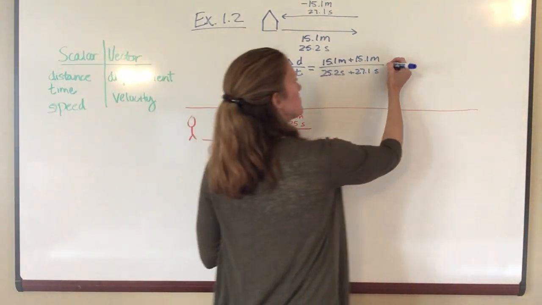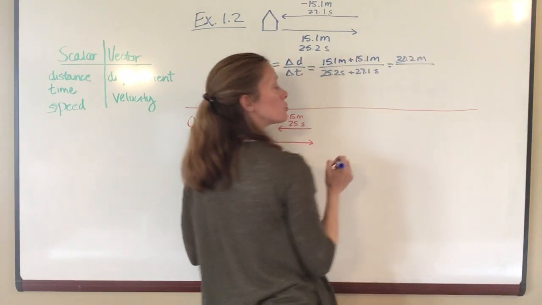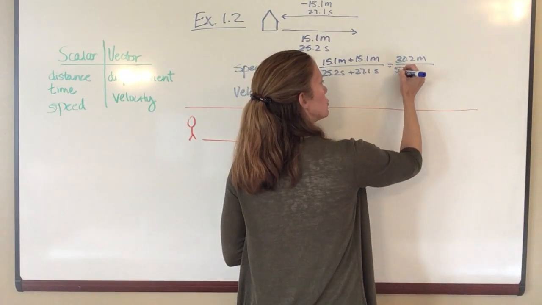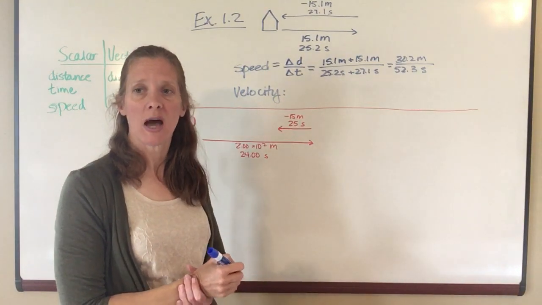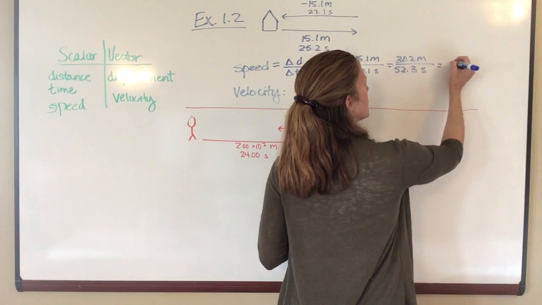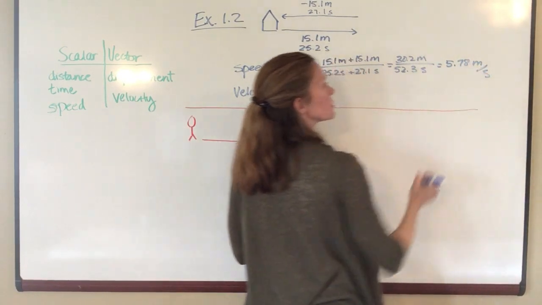What that gives me then is 30.2 meters total that the bicycle has traveled and 52.3 seconds as far as the total time. When you divide that out, you end up with 5.78 meters per second.